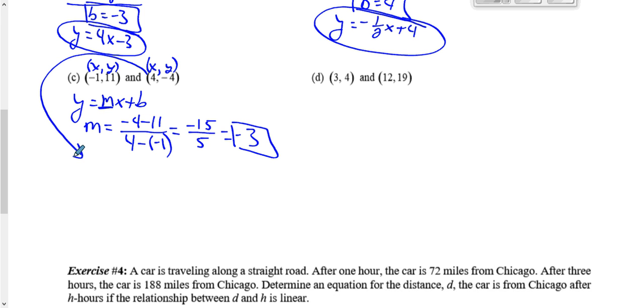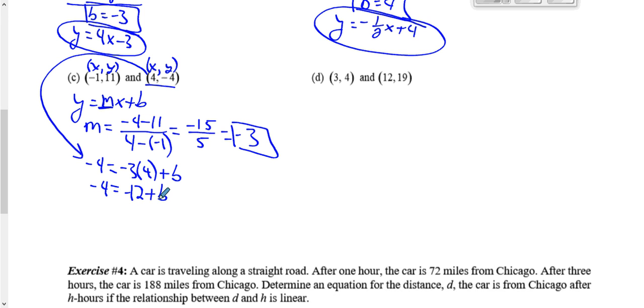So if I'm using this point, what goes in for my y? -4 equals m. What's my m? -3. What x am I using? 4. Times 4 plus b. So -4 equals -12 plus b. What do I do now?